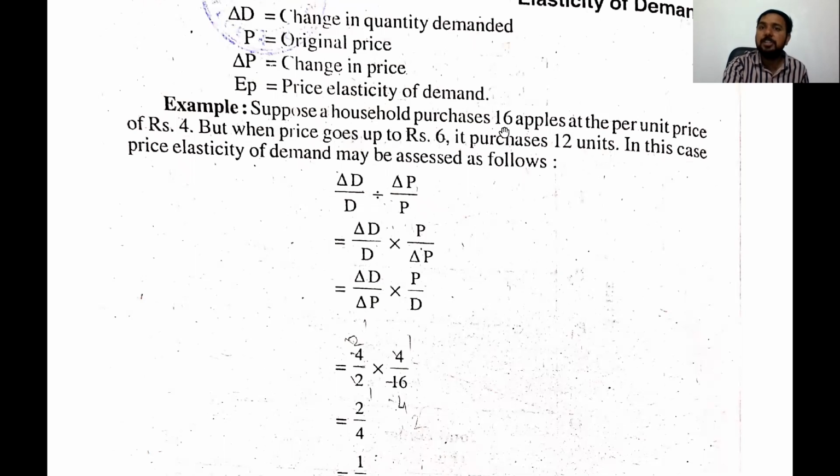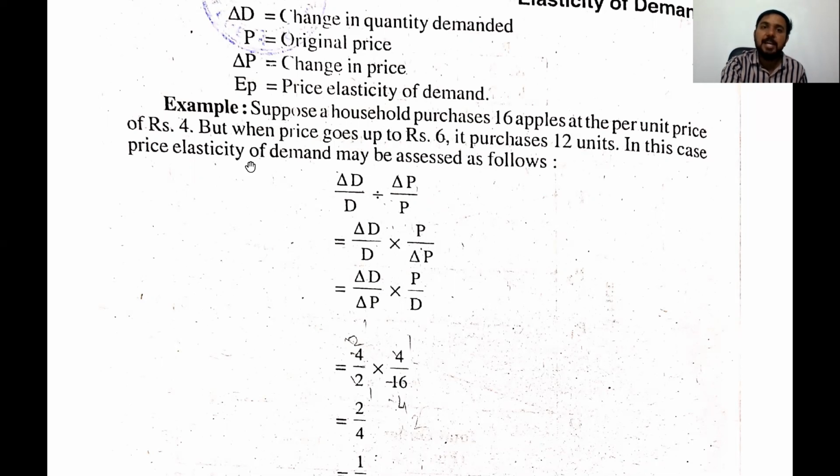Suppose a household purchases 16 apples at a per unit price of rupees 4, but when the price goes up to rupees 6, it is increased by rupees 2. It purchases 12 units, so at price 4 the demand for apples is 16 units, but when the price increases, demand decreases to 12 units.